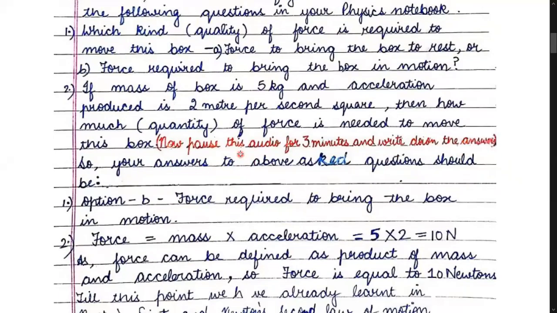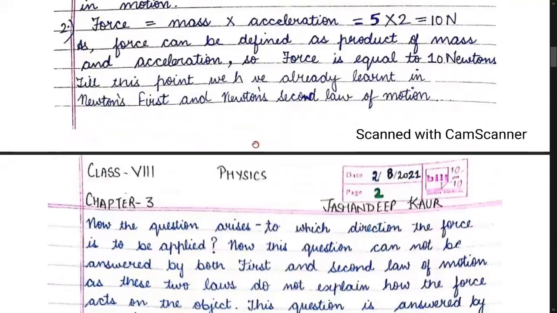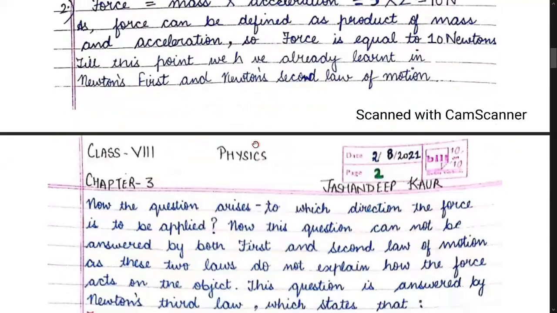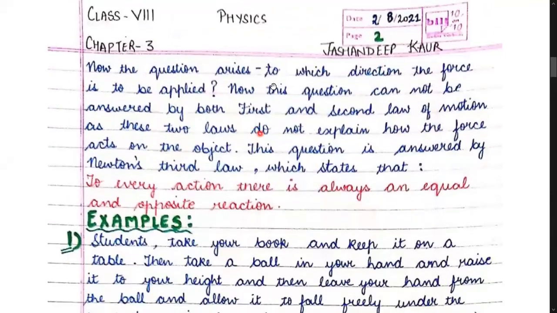So I hope this much is understood. Okay, very good. Now children, the next question which comes in mind is, we know that we have to apply force. We also know how much force we need to apply. But children, do we know in which direction the force is to be applied?